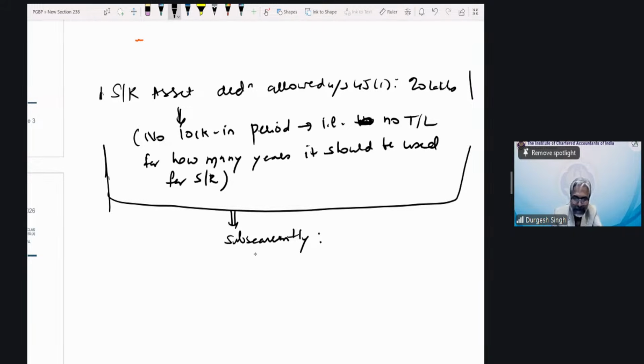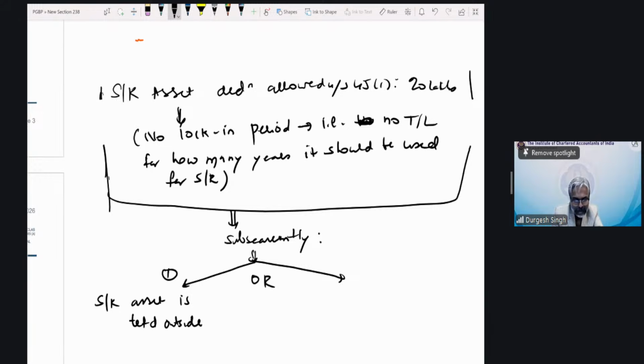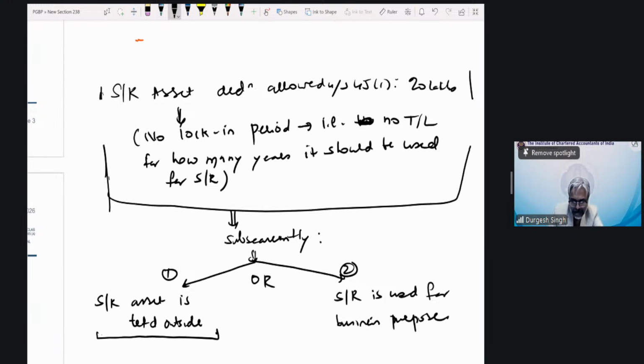So subsequently, in this case, the scientific research asset is transferred outside, or the second option that you may do is that the scientific research asset is used for business purpose. One of the two can only happen, students, in this case. Is transferred outside or it is used for business purpose, students. And that is what can happen in this regard.